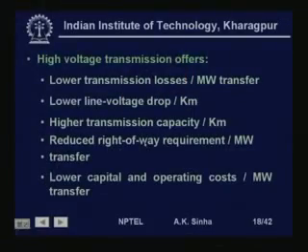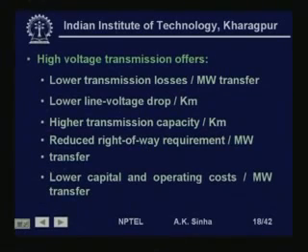Therefore, since the number of lines means you require much more space for putting your transmission towers and other things, the right of way has to be bought by these transmission companies from the people on whose land they are going to build these transmission towers.